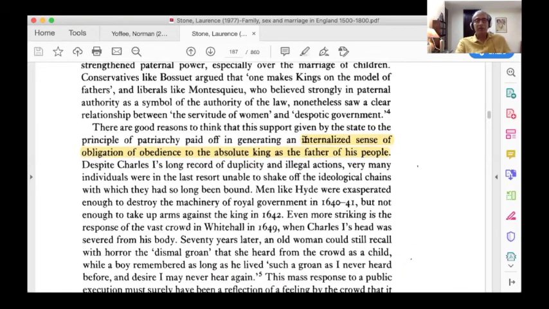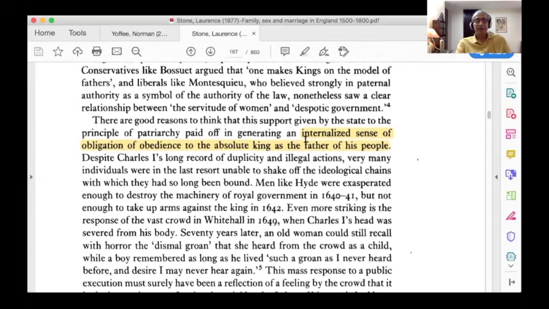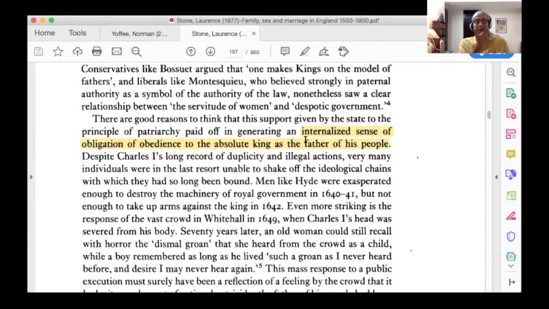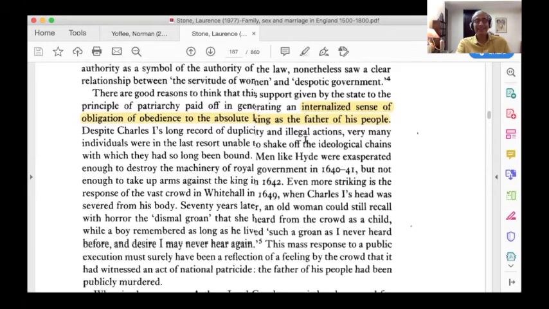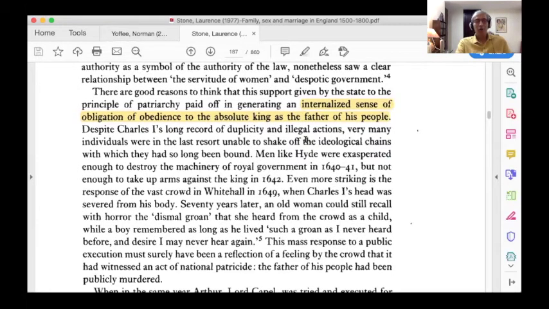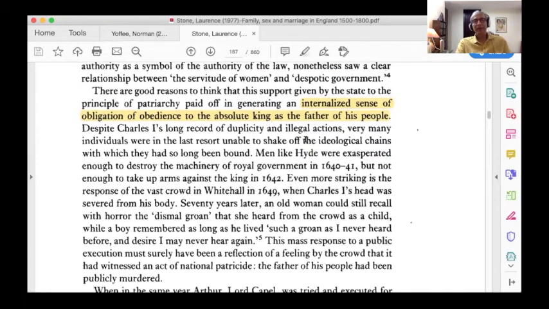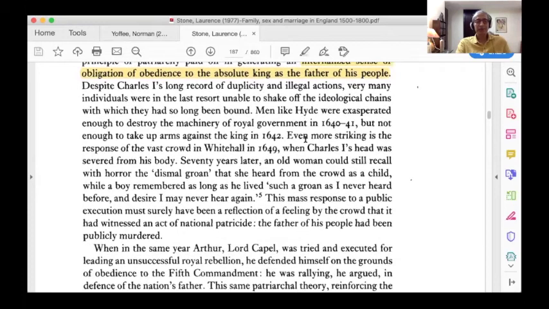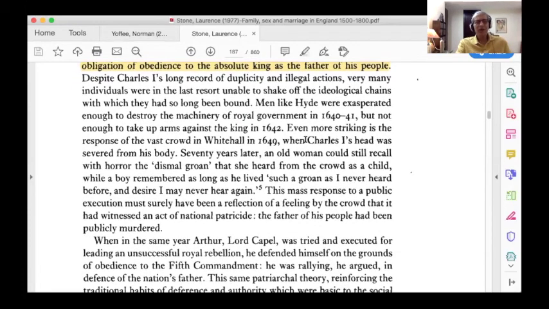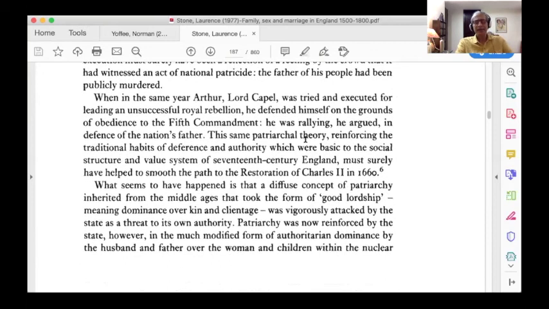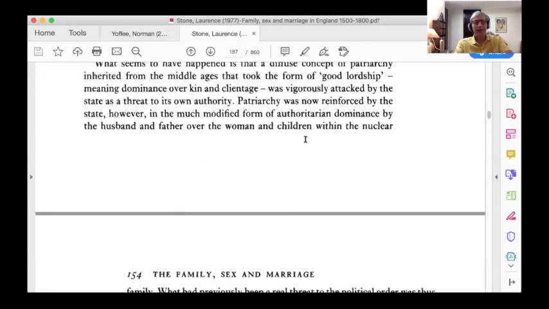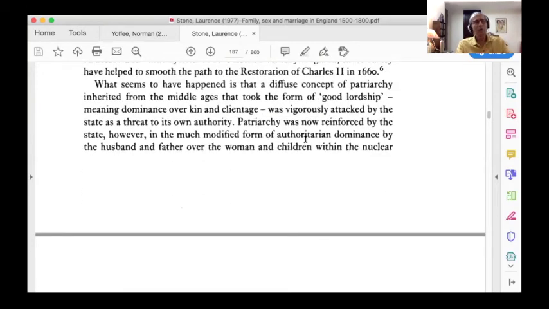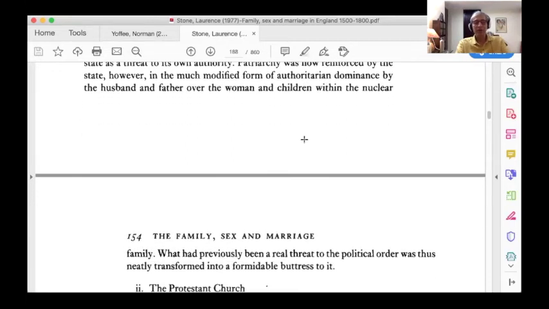So there are good reasons to think that the support given by the state to the principle of patriarchy paid off in generating an internalized sense of obligation, of obedience to the absolute king as the father of his people. And there's a lot more that one can say about the relationship between patriarchy and kingship and a strong state more generally.